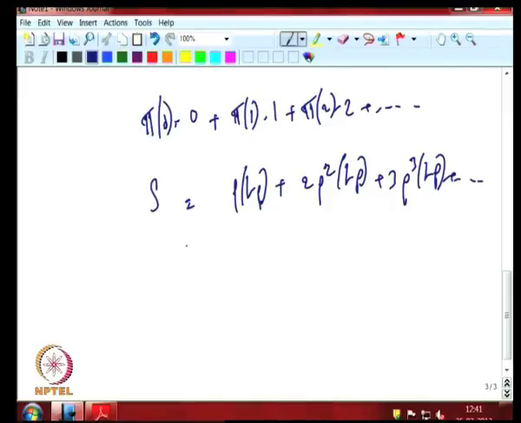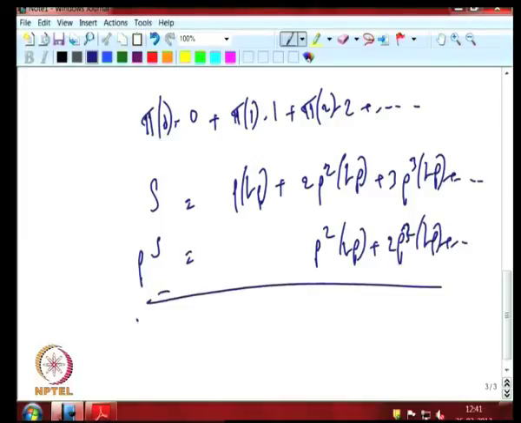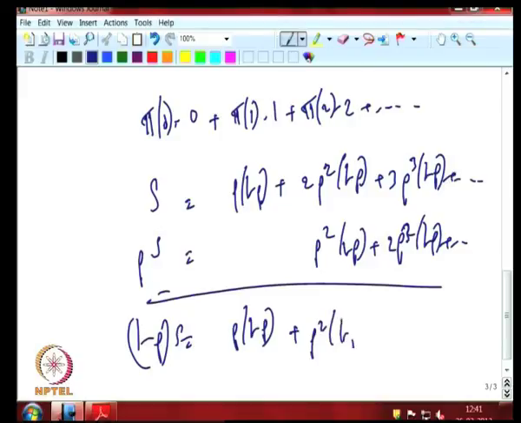Again, if you multiply S by rho, it is equal to rho square into 1 minus rho plus 2 rho cube into 1 minus rho, etc. So subtracting, 1 minus rho times S is equal to rho into 1 minus rho, plus rho square into 1 minus rho, plus rho cube into 1 minus rho, etc., okay.